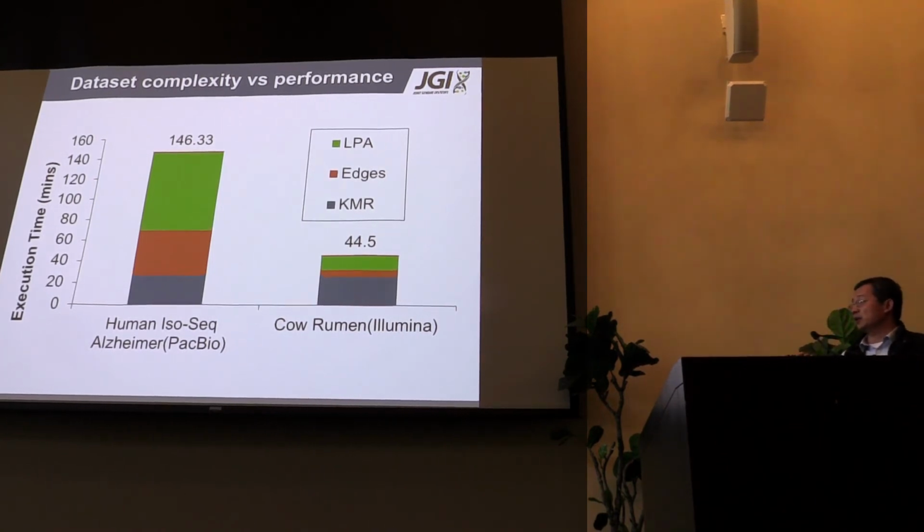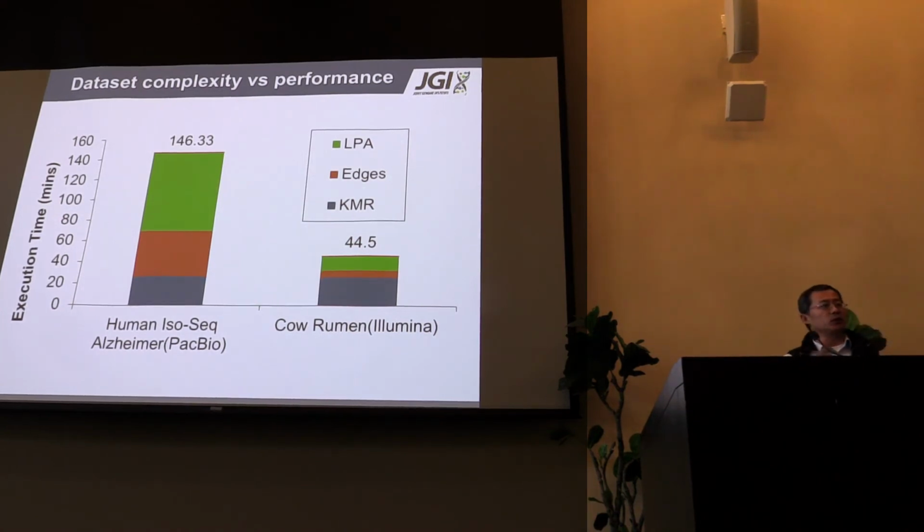While in the Carl-Rumen data set, which I believe is 4 gigabytes, you still don't have a lot of connectivity, and that's why the edges part and the LPA part do not take a long time to run. If we want to project how much time we'll need for clustering 1 terabyte of Carl-Rumen data, it is probably more or less like the one we have now with the transcriptome data set on the left side.